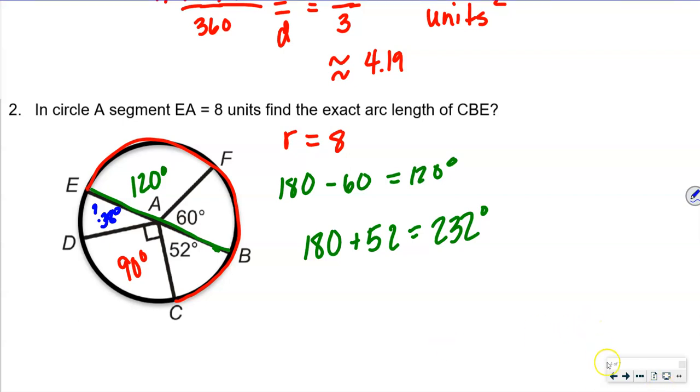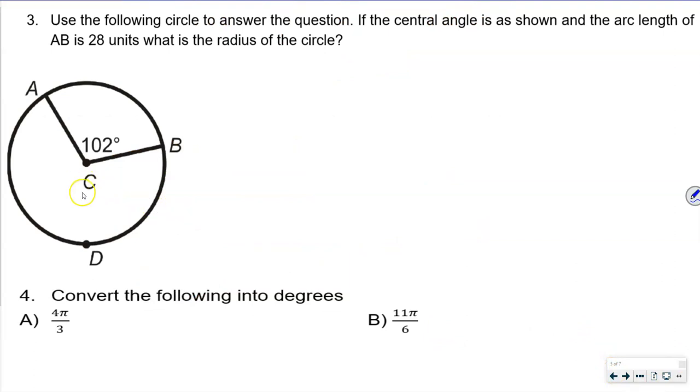Okay, let's go on. So then it says use the following circle to answer the question. If the central angle is as shown and the arc length of AB is 28 units, what is the radius of the circle? Okay, so it's telling us that this arc length right here is 28 units, okay?